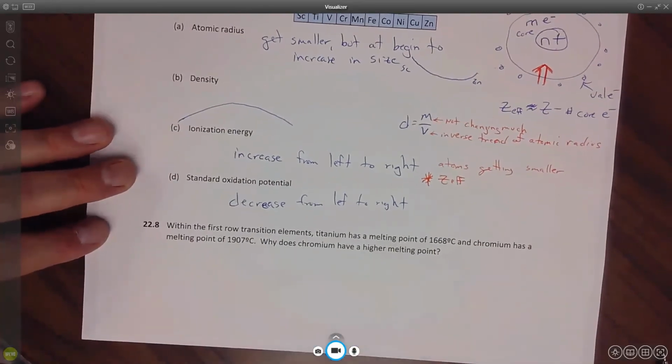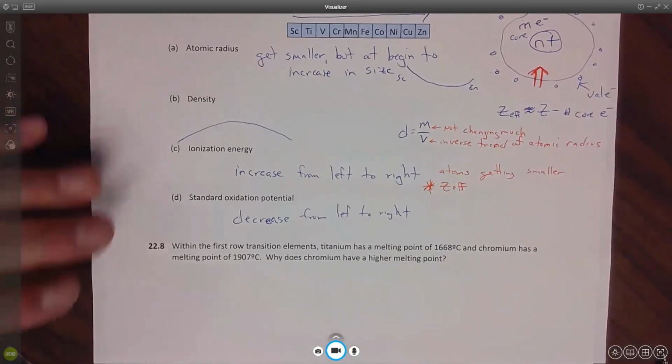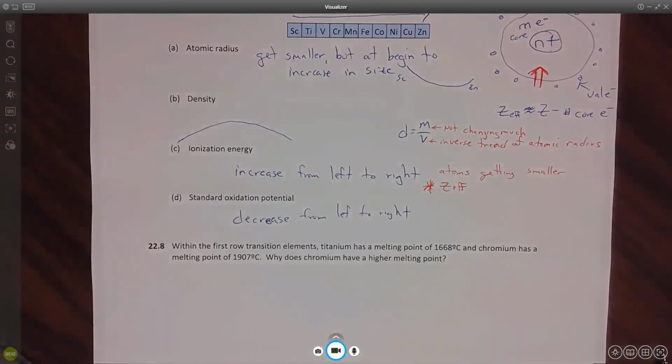Why does chromium have the higher melting point?